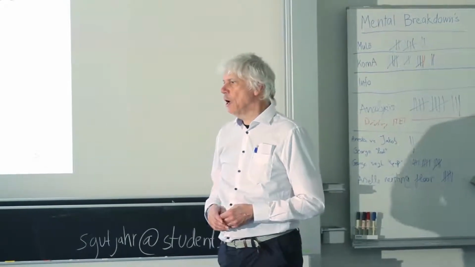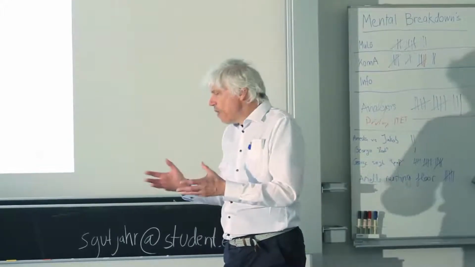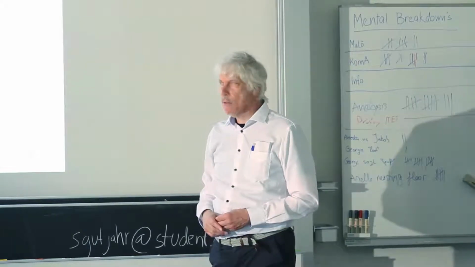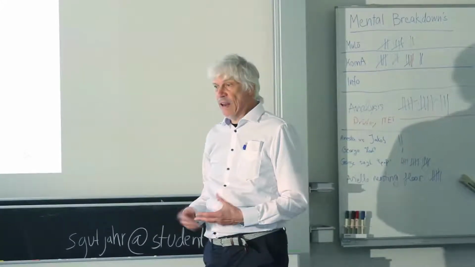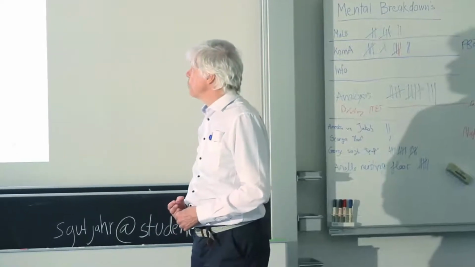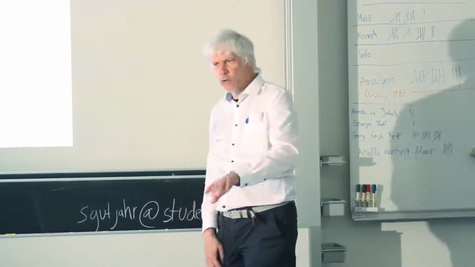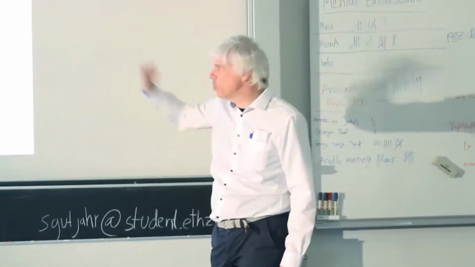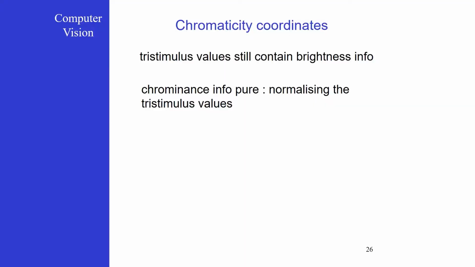If we increase all the M values for a certain light source by 10%, the T coordinates, the two stimulus coordinates, will also go up, and we basically only increase the brightness, not the color, of our light source. So there's still that brightness information in there, and we want to get it out. We want to go to something that is pure color. And that's what the chromaticity coordinates do for us in a second normalization step. And here it is.